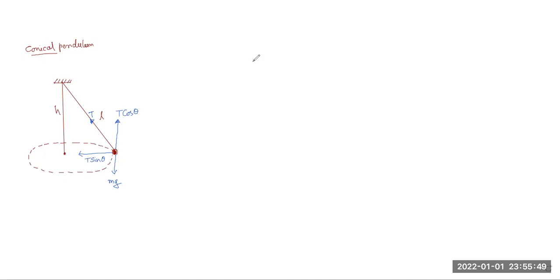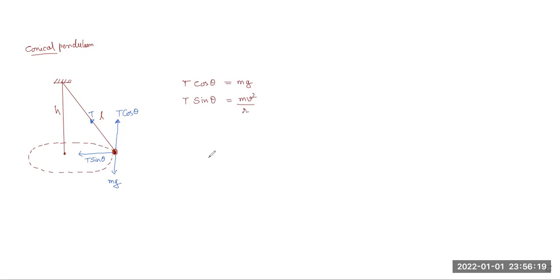So we can write two simple equations for this conical pendulum: T cos theta balances the weight, and T sin theta balances the centripetal force, which is mv square by r.